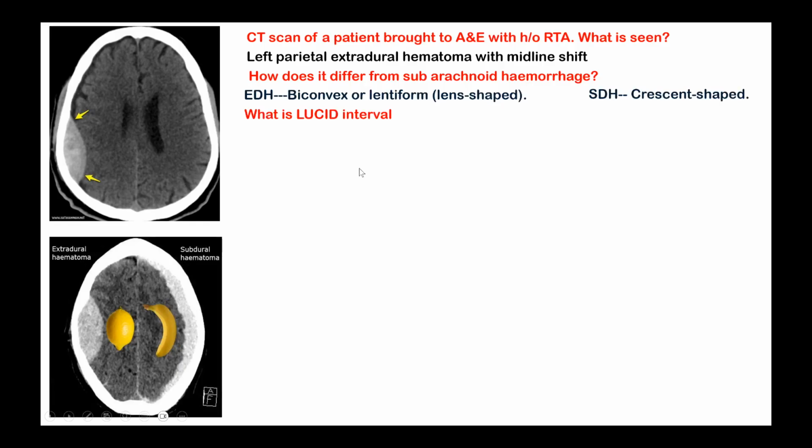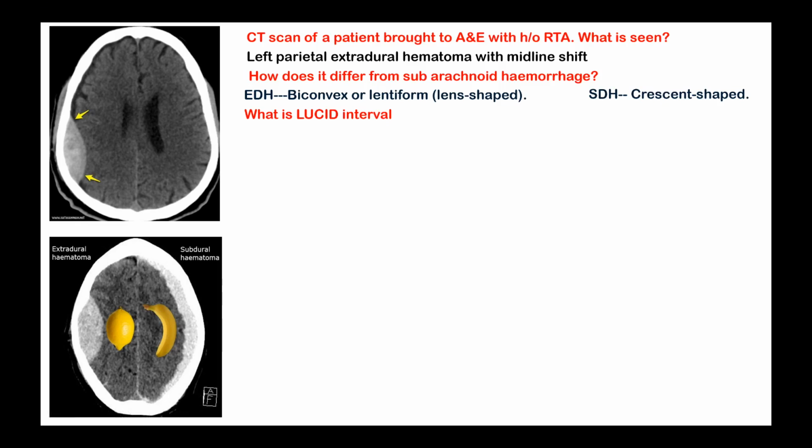What is lucid interval? In head injury, you must know this terminology. In extradural hemorrhage, there is a span of interval when the patient regains consciousness after a span of loss of consciousness.